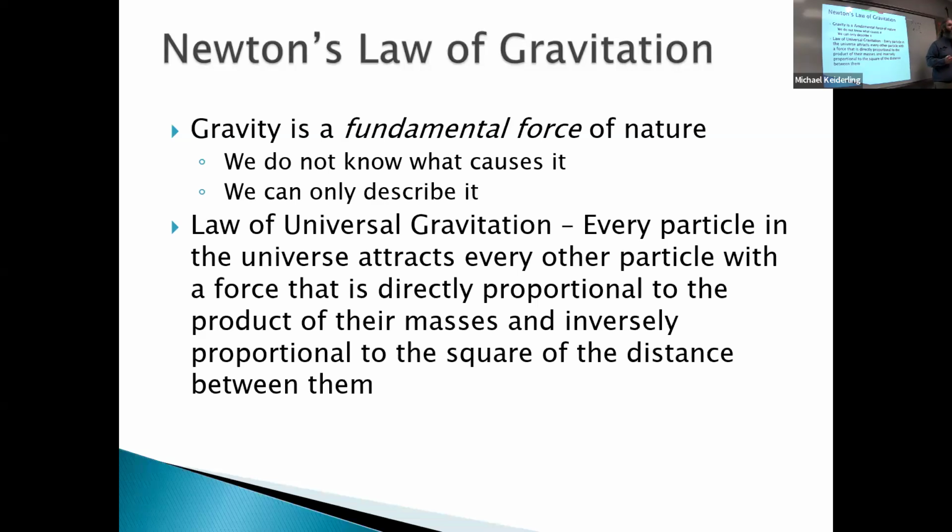So the basic idea of the law of universal gravitation is that every particle in the universe attracts every other particle with a force. And the force of gravity is proportional to the masses of the 2 objects and inversely proportional to the distance between the 2 objects squared, and then there is a constant.